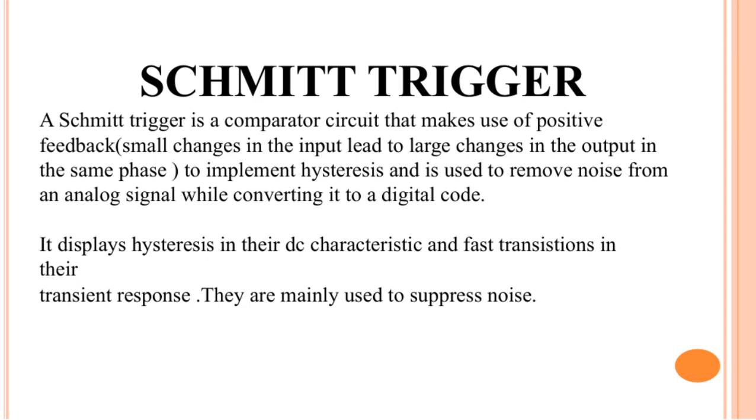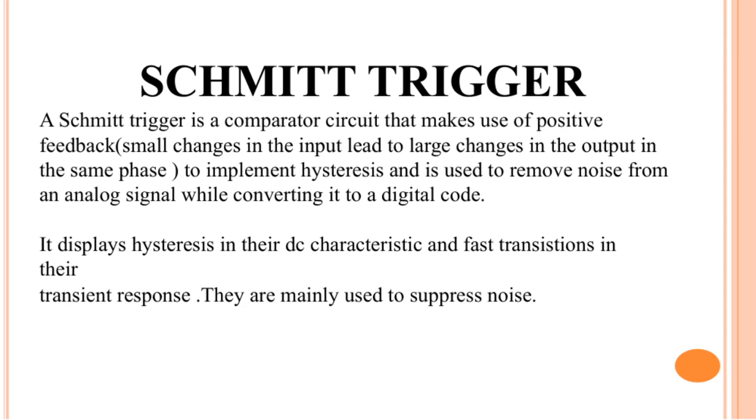This ensures that any small fluctuations or disturbances in the input do not cause erratic switching in the output. Additionally, Schmitt triggers are known for their fast transient response, meaning they switch quickly when the input crosses the threshold levels. Overall, their main purpose is to suppress noise and provide a more stable and reliable digital output from noisy analog signals.